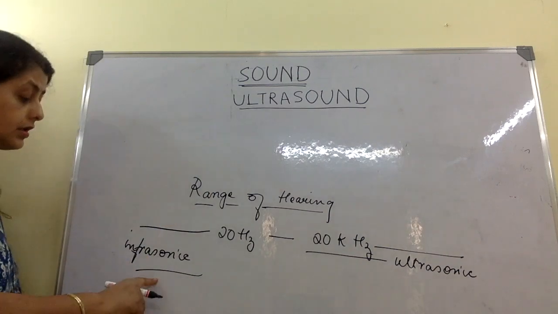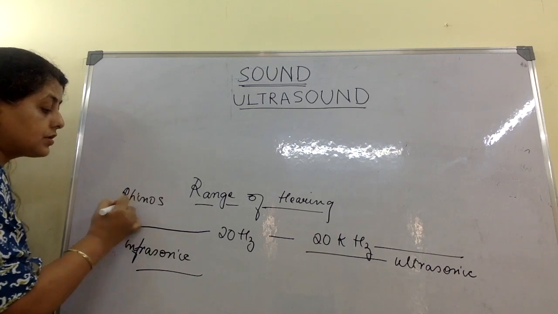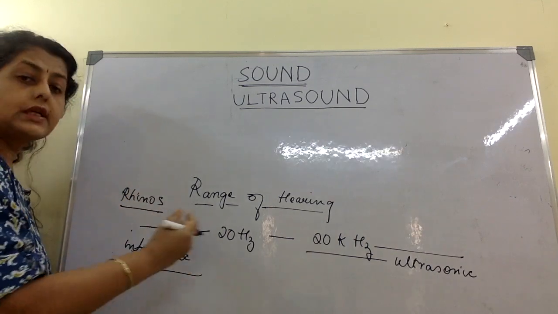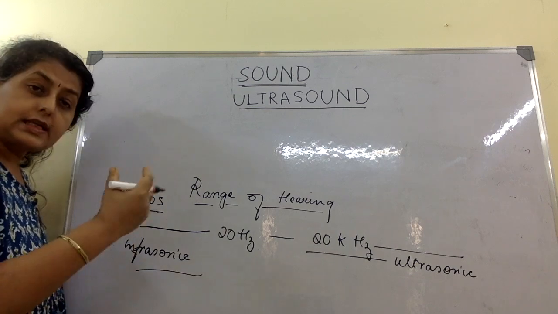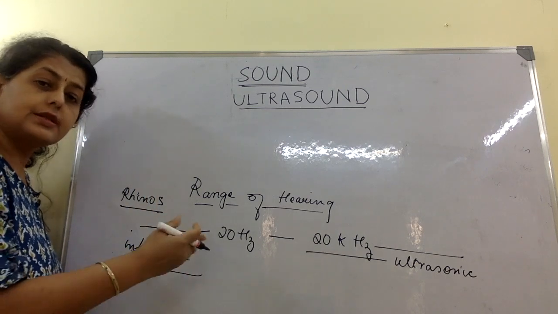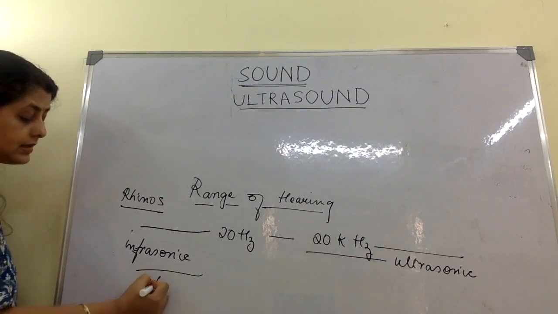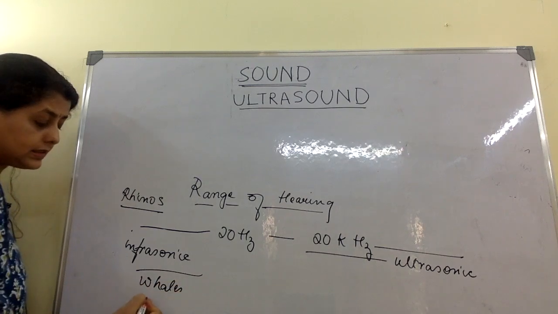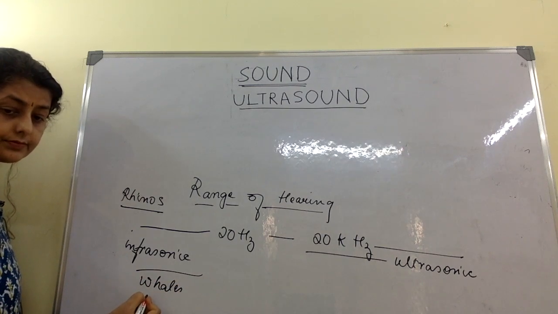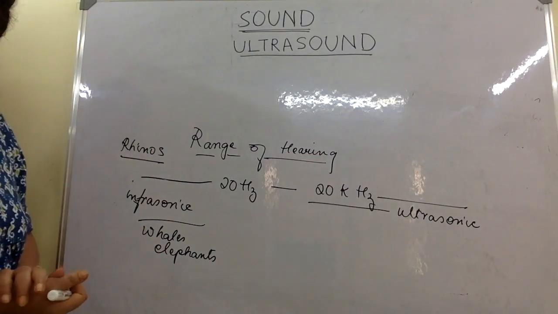Rhinos, whales, and elephants can make sound in infrasonic waves and also hear this range of vibrations.